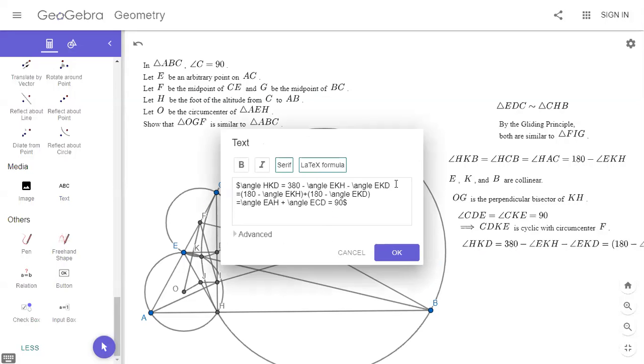Let me break up the statement. I'm trying to break it up into different lines. Let's see if this works. Whoops.